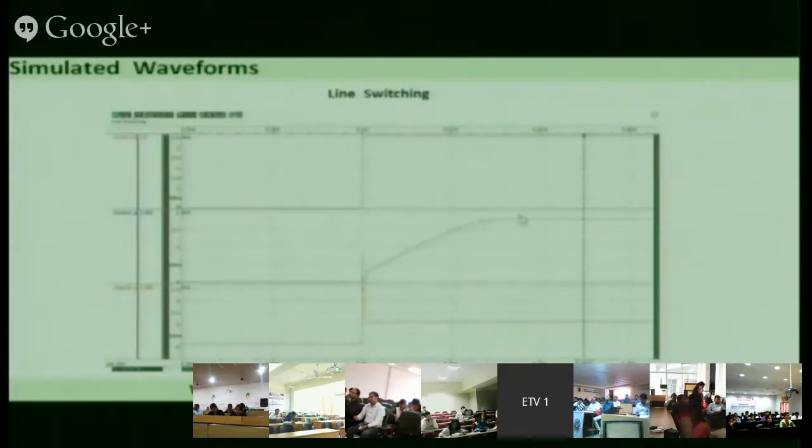Then it settles. If you see the time plotted, this point is 6.0 millisecond and this is 6.45 millisecond. So in 0.45 millisecond the output voltage is stabilized.